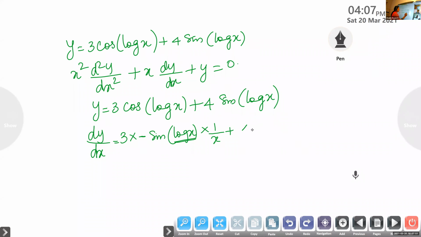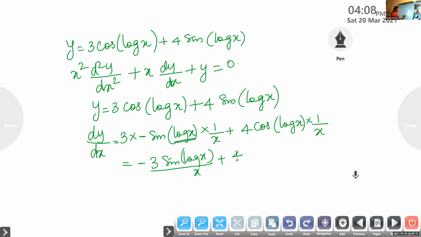Plus 4 into, what is derivative of sine x? Is cos x. So what is derivative of sine of log x? Cos of log x into, what is derivative of log x? 1 by x. So we will get minus 3 sine of log x by x plus 4 cos of log x by x.